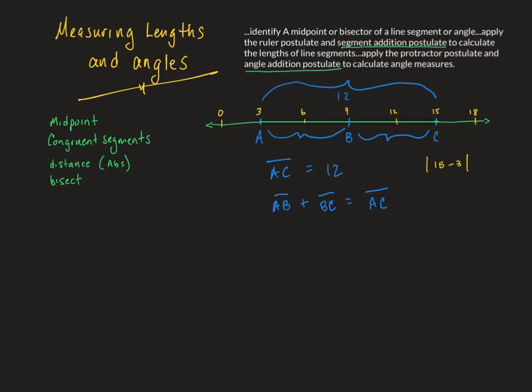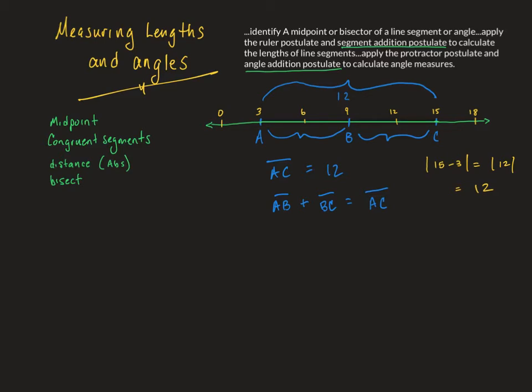So I have 15 minus 3 is equal to the absolute value of 12, and the absolute value of 12 is 12. So that's how I come up with that distance, or that length is always a positive length.